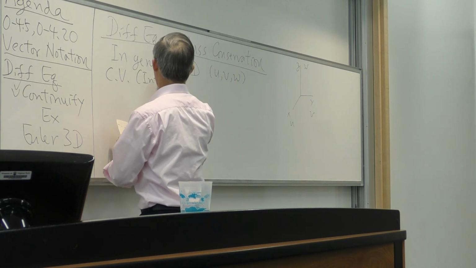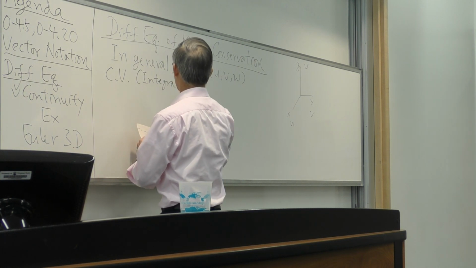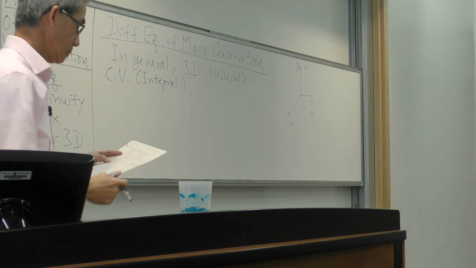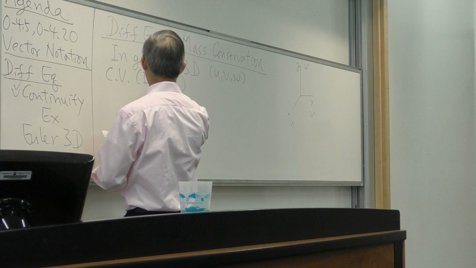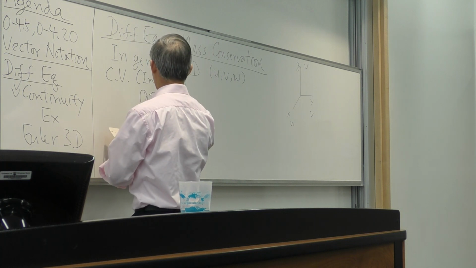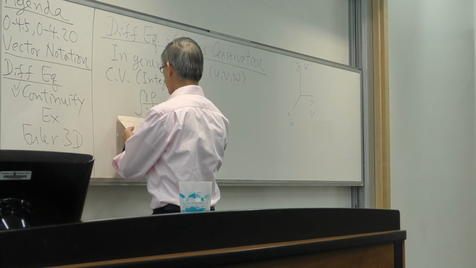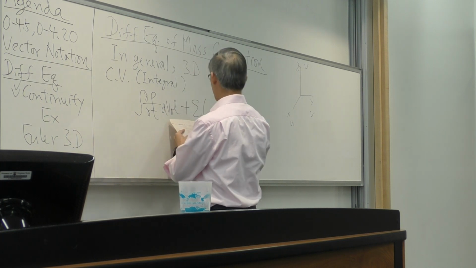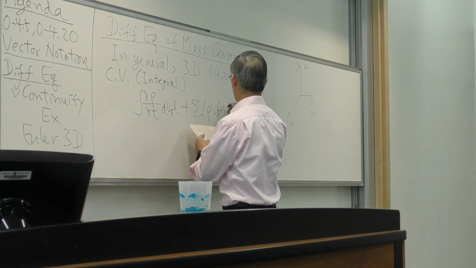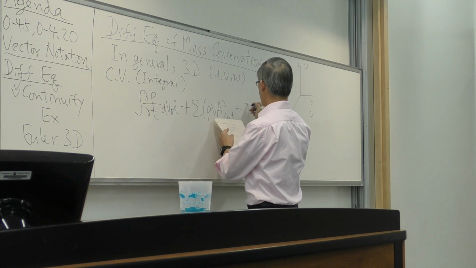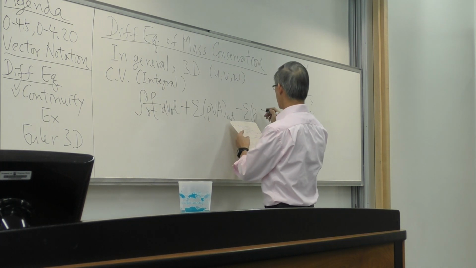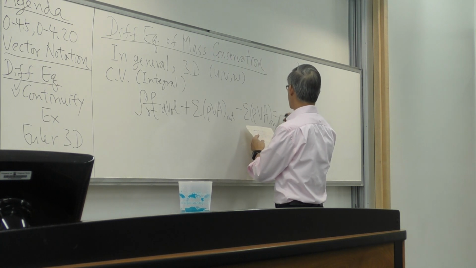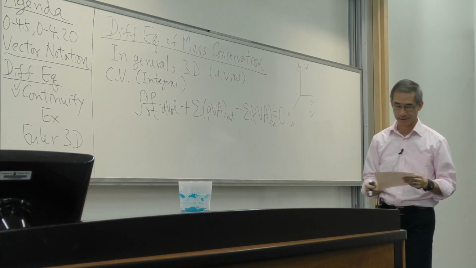It's an integral or a global approach where you show me a control volume. I will conclude that to conserve mass, due to the fact it has flow entering and leaving my control volume, my continuity equation looks like this.